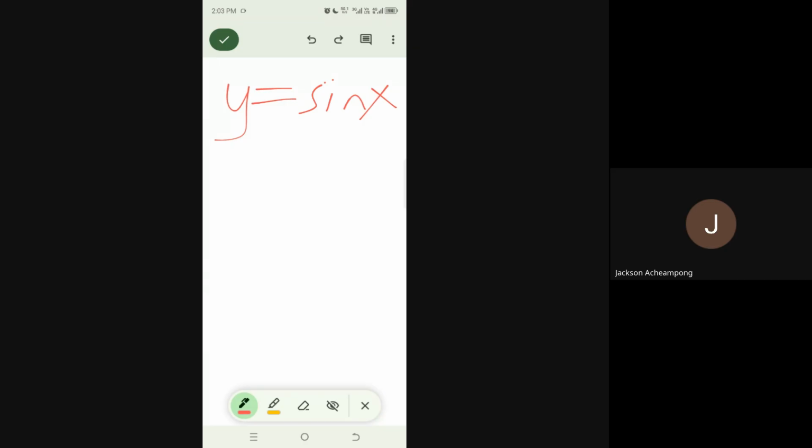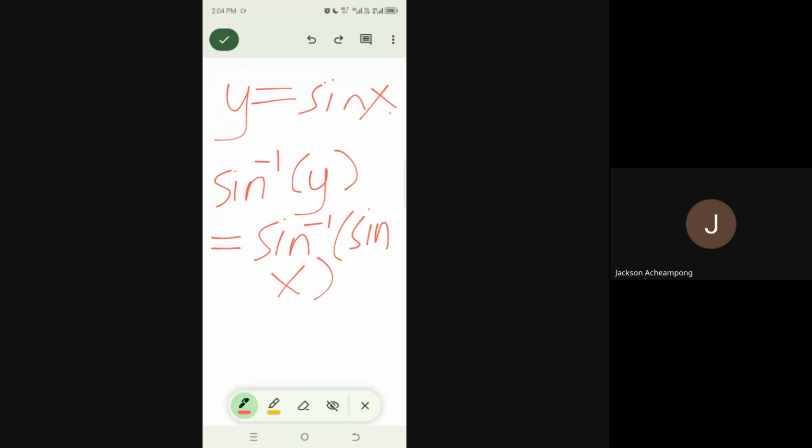So when you find the inverse, you find the sine inverse of both sides. This will become sine inverse of y is equal to sine inverse of sine x, which will give us x. Am I right?